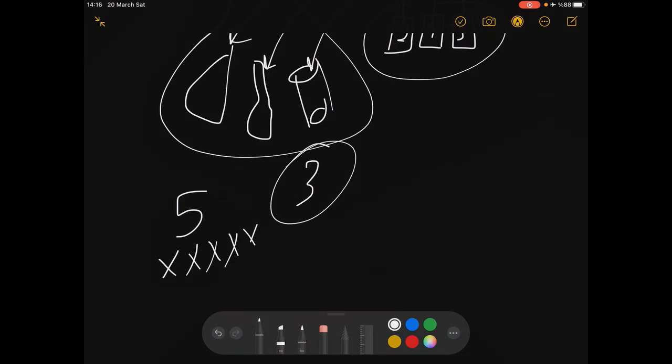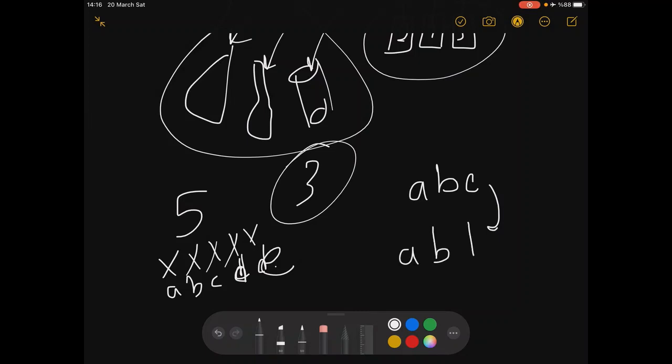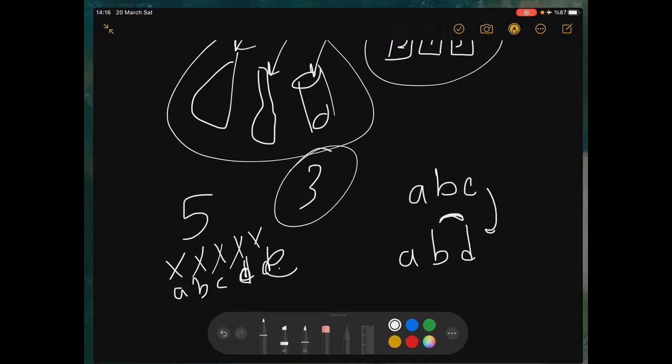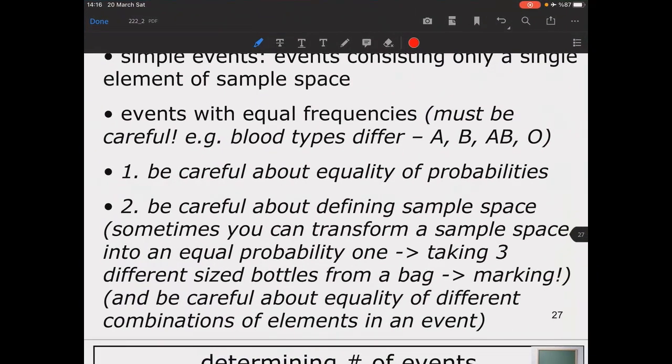The probability of A, B, C should not be different from A, B, D, for example. So even if there's a conflict between B and D, for example, the probabilities should not be different. You should also be careful about this as well. So these are emphasized.